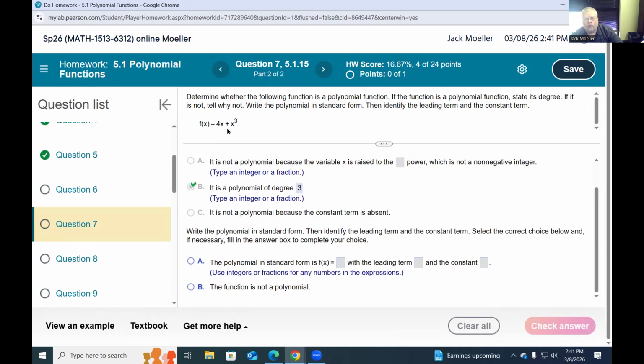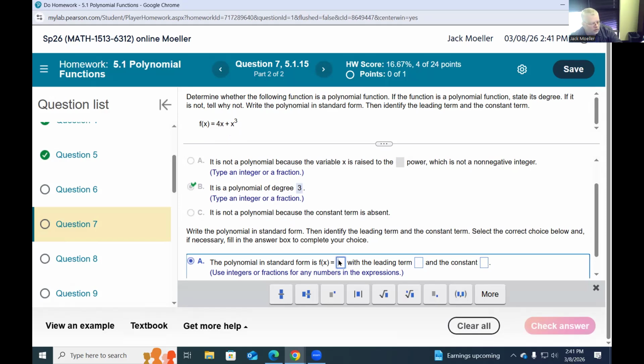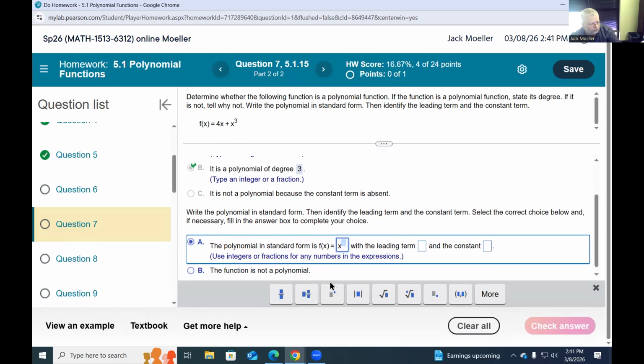Remember when you're rewriting this, put this in descending form, don't lose your negative signs, keep your signs with that. So in standard form, this is going to be x cubed and then plus 4x, so plus minus.